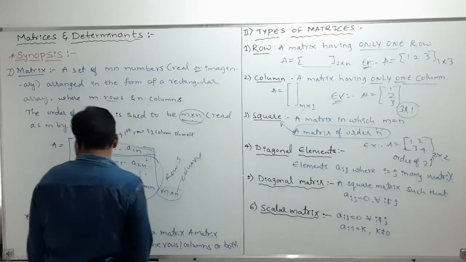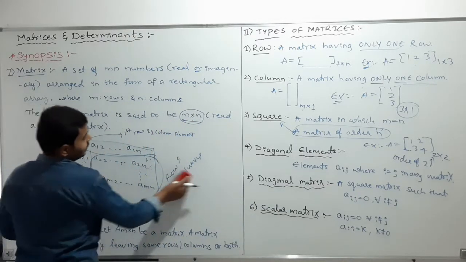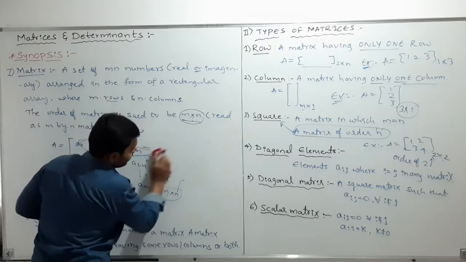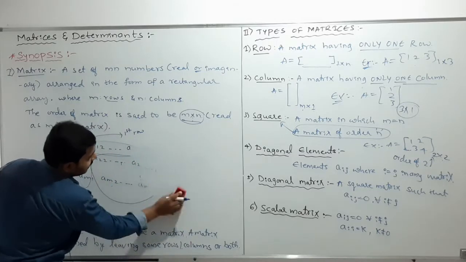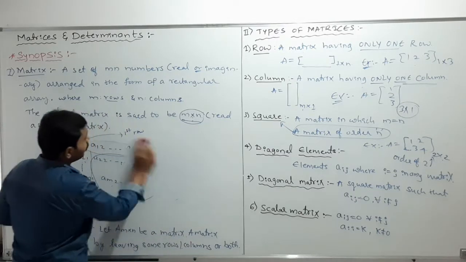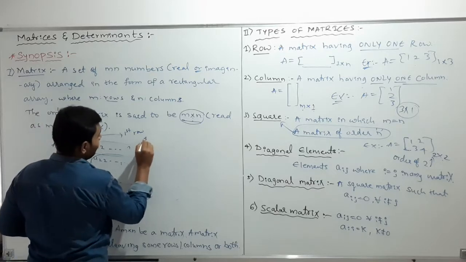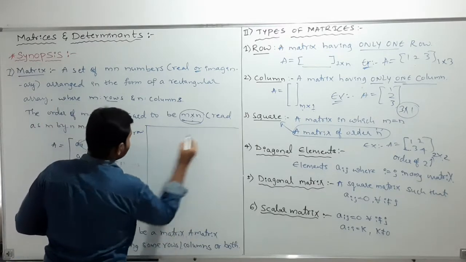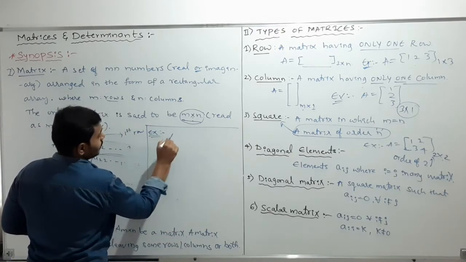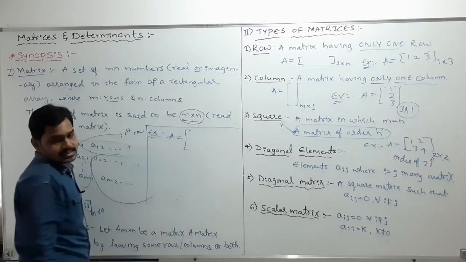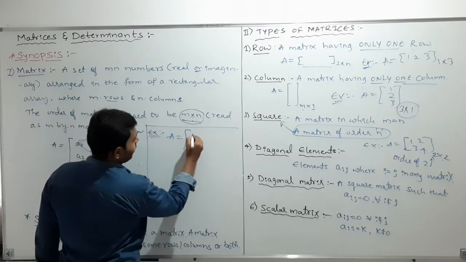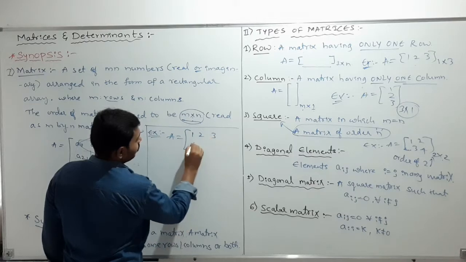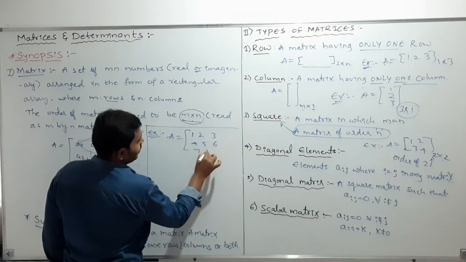For example, my dear students, I'll take an example so that you can easily understand. Here A is equal to a matrix, say 1 2 3 4 5 6 7 8 9.